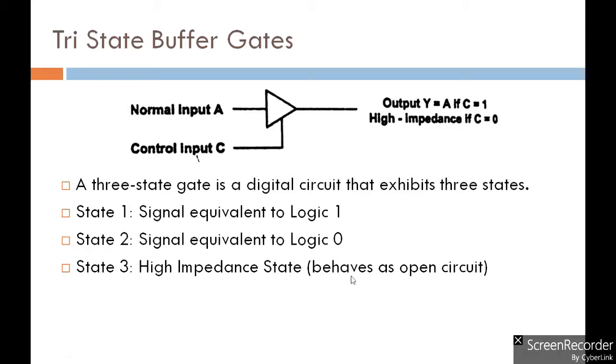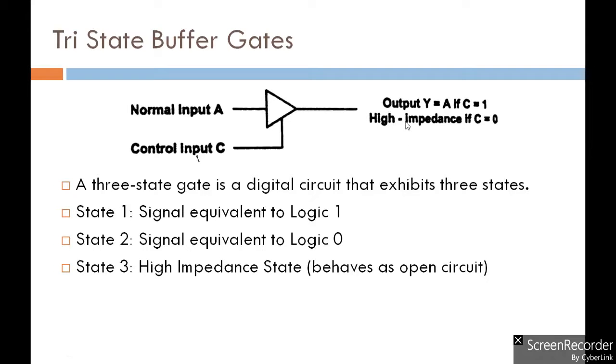That means whenever the tri-state buffer gate is in high impedance state, it cannot transmit its input onto its output line. From the figure you can see that output Y will become A if the control input C is equal to 1. That means it allows to transmit the input to the output line.